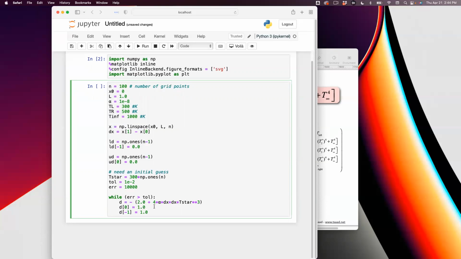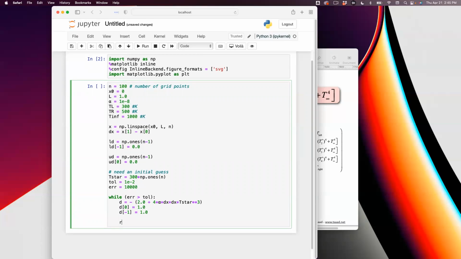Remember, your T star, your initial guess, is an array because at every point you have a different T star in principle. We just made them all equal, but you could have a function for your initial guess. For example, if you think the temperature distribution is going to be parabolic, create a parabolic initial guess. If your solution is going to be parabolic, start with a parabolic initial guess. You might drive the entire solution closer to the answer. Okay.